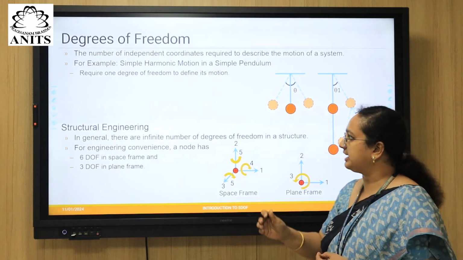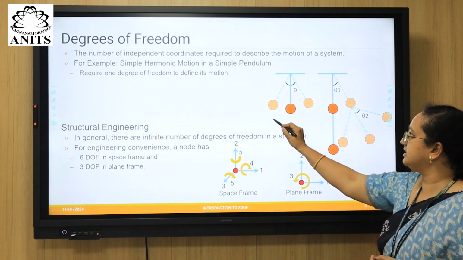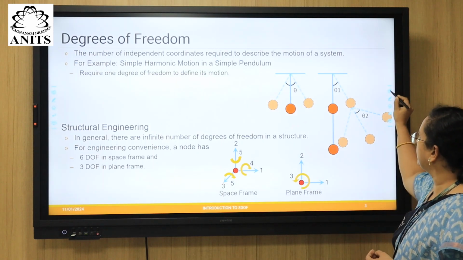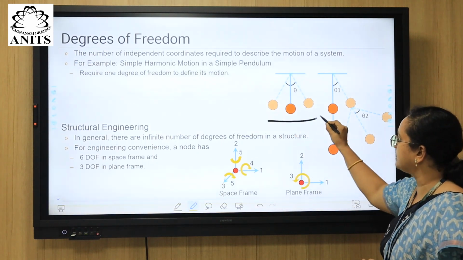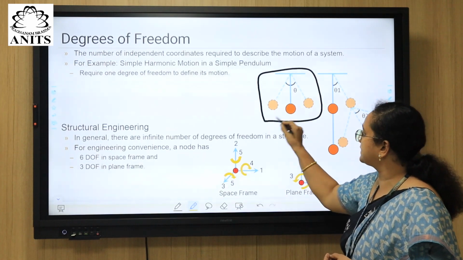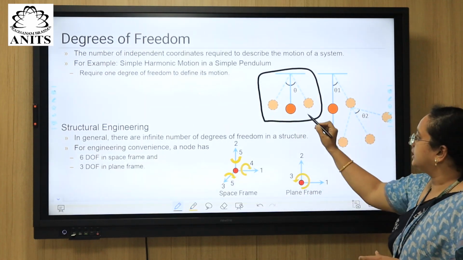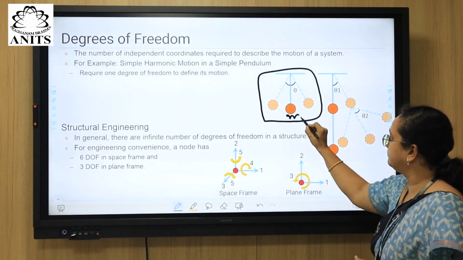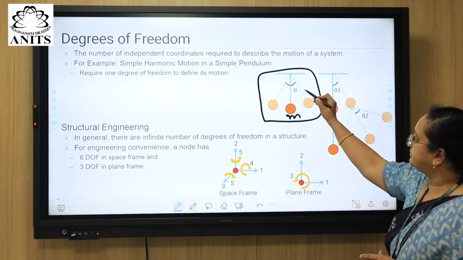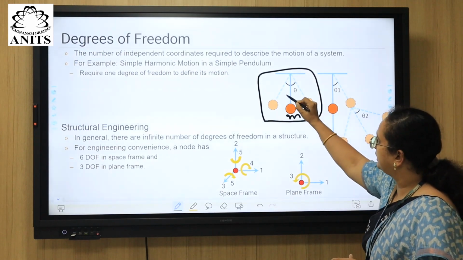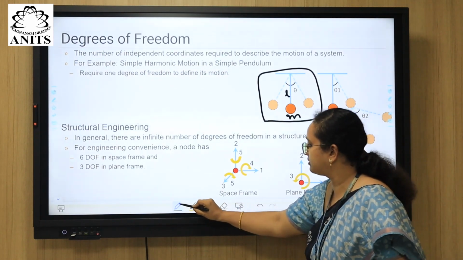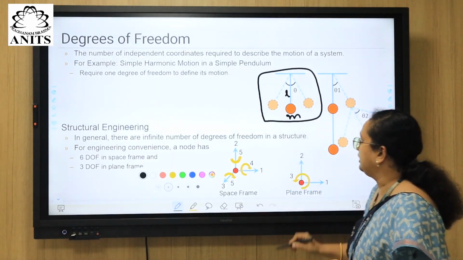So suppose we take a simple pendulum with one mass, a single mass m, and the length of the simple pendulum is l.